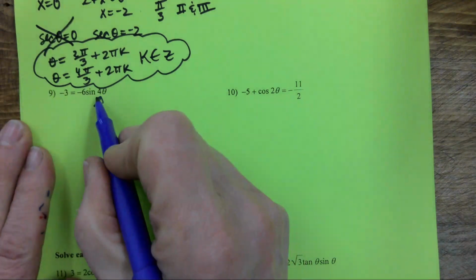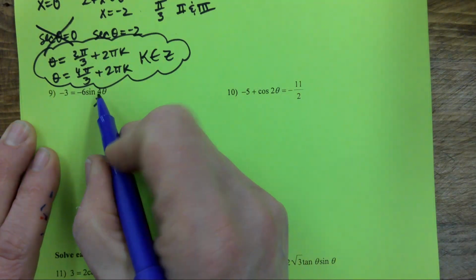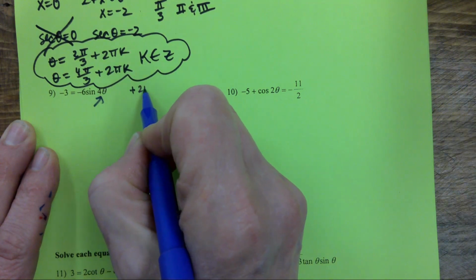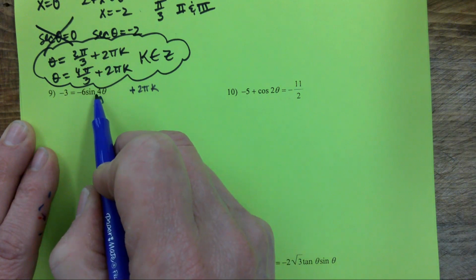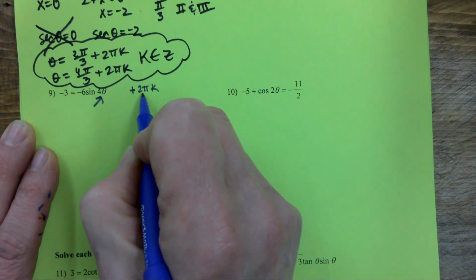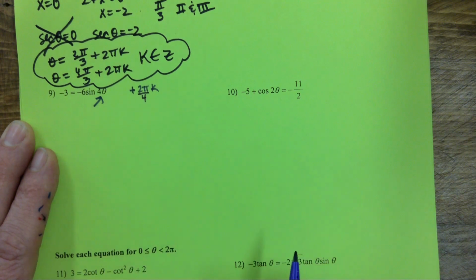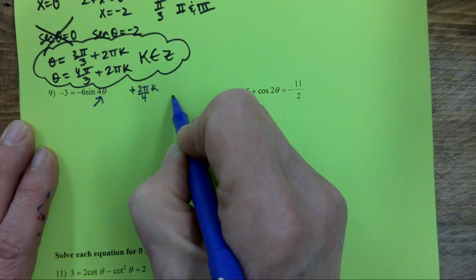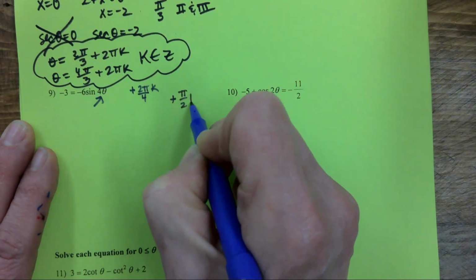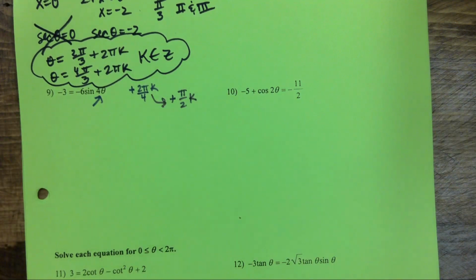So I have to consider that when I'm doing my plus 2 pi k part of it. Just like when we were looking for the period, I'm going to take that value and divide my 2 pi by that. So instead, at the end, I'm going to be adding pi over 2 k. Okay, so that 4 changes what I add. It's also going to change a little bit how I solve.